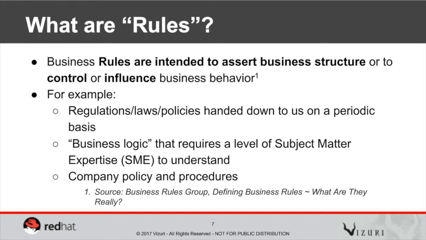You also have complicated business logic, which requires subject matter experts to explain what it is and how to use it. It's not uncommon for me to sit across the table, especially when we deal with insurance companies, to deal with medical doctors or scientists on the other side of the table, helping us to explain very complex business rules. You also get your typical company policies and procedures.